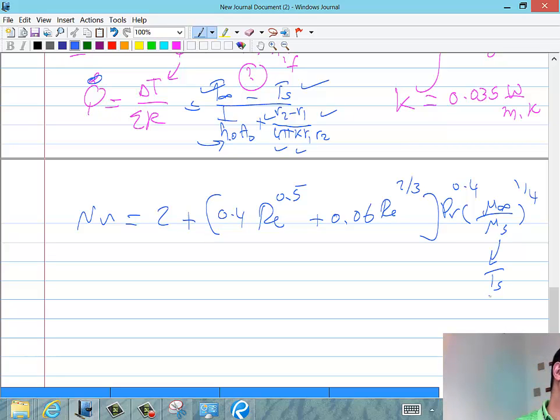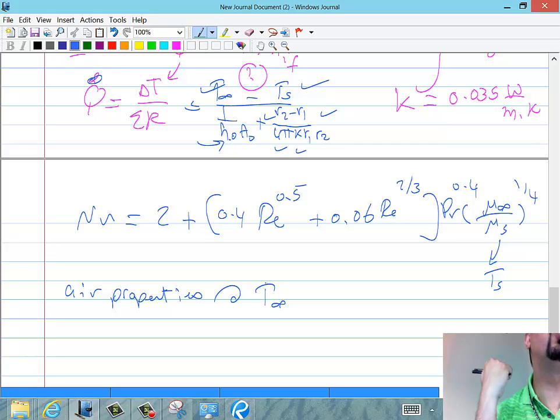So I will just have to open the tables and get the air properties. So air properties at T infinity. This is the flow around a spherical tank, and in this formula all properties are at T infinity. Not the minus 196.